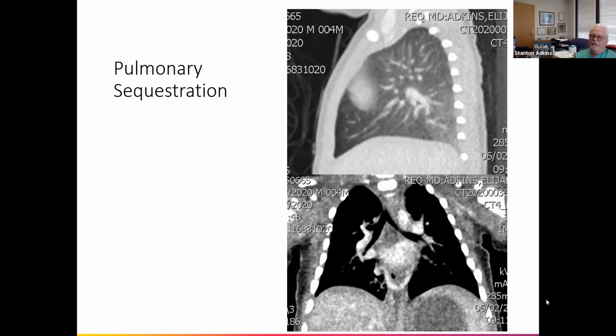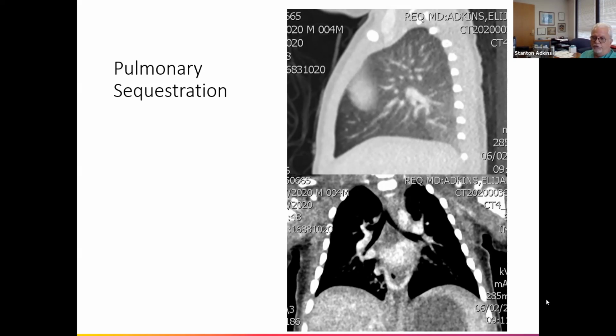Okay. Well, as the lung is developing, most of the time you have the lung buds branching off the esophagus, and you have the pulmonary arteries and veins supplying the blood to those lung buds and having everything connected to the airway. There are cases that we call sequestrations where the blood supply to a portion of the lung is systemic, meaning coming off the aorta.